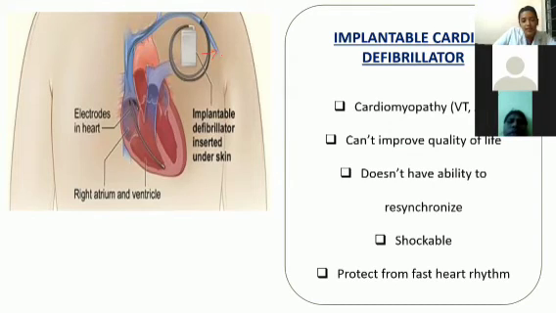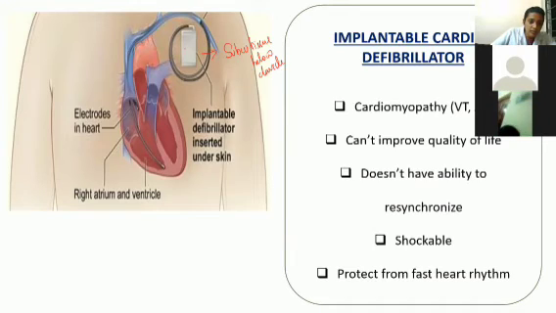Where is a pacemaker inserted? The location of permanent pacemakers is in the subcutaneous tissue below the clavicle. Like that only, this implantable cardiac defibrillator will also be inserted under the skin.